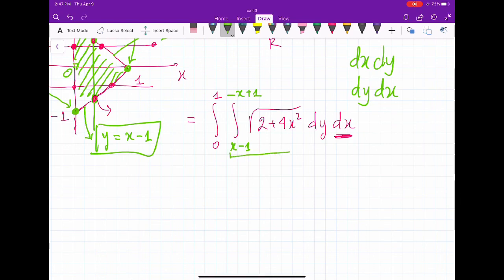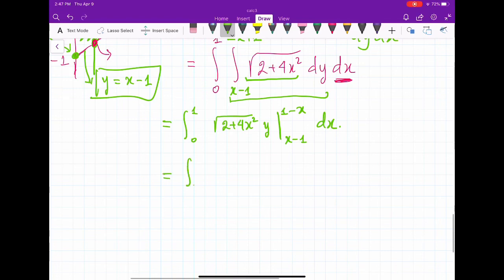All right, so now we need to integrate that. For the inside integral, we integrate with respect to y, and we have square root of 2 plus 4x squared. That is constant, right? So basically, this is equal to the integral from 0 to 1 of square root of 2 plus 4x squared times y evaluated from x minus 1 to 1 minus x, dx.